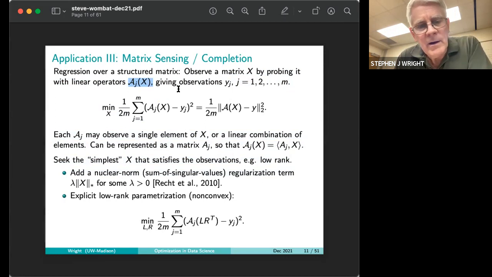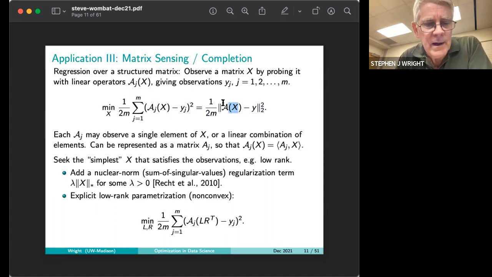By linear, I mean the AJ is some linear combination of the elements of the matrix X. And from that, you're getting a YJ. So you know what AJ is, you know what YJ is. You're trying to reconstruct what X is from M of these observations. And so you can write that down again as a least squares problem. In fact, because all these things are linear, this is exactly a linear least squares problem.